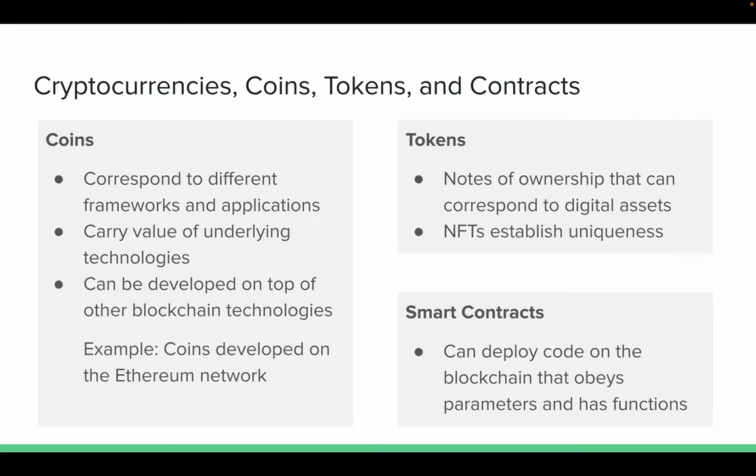Lastly, we have smart contracts, which are some of the more flexible types of digital assets. A smart contract, for example, can be deployed on the Ethereum blockchain. And smart contracts, in some ways, deploy code on the blockchain that obeys certain parameters and has certain functions. So it's pretty much a way to upload code that cannot be changed.